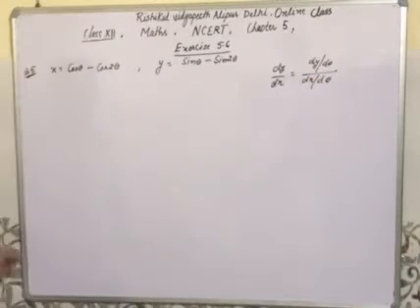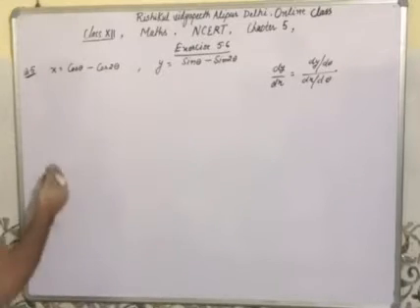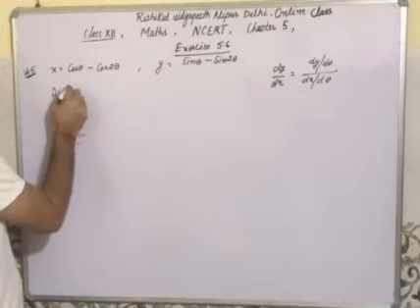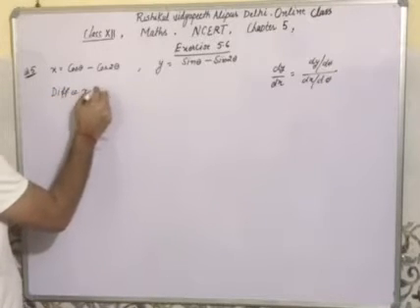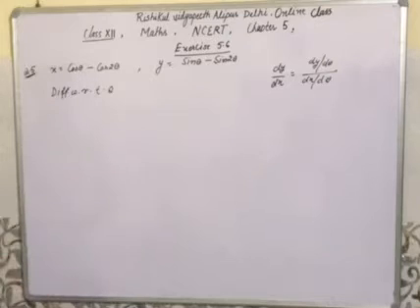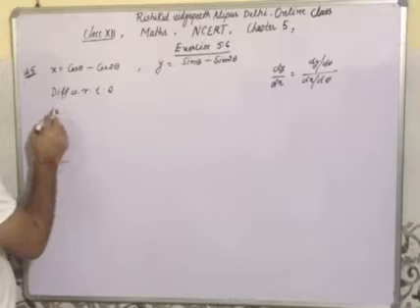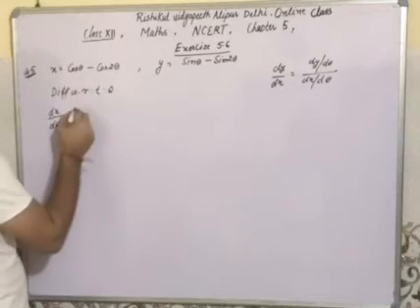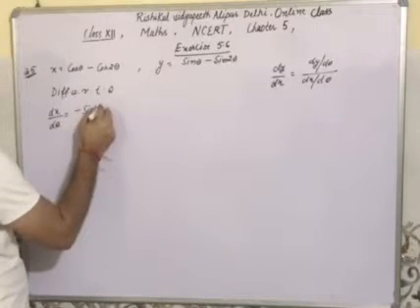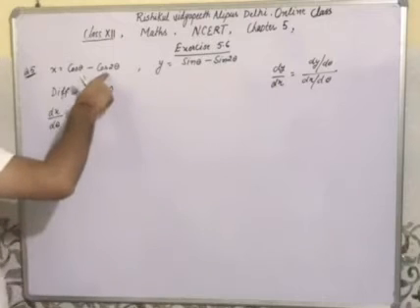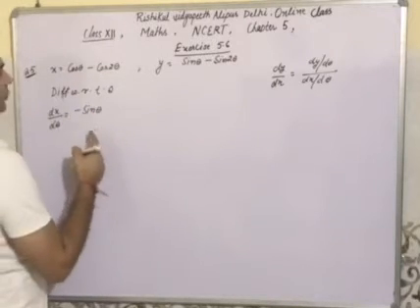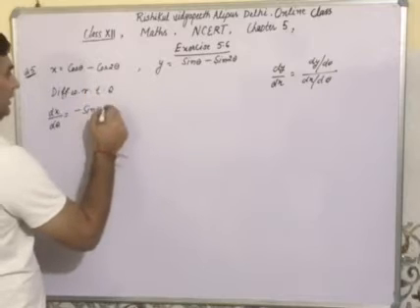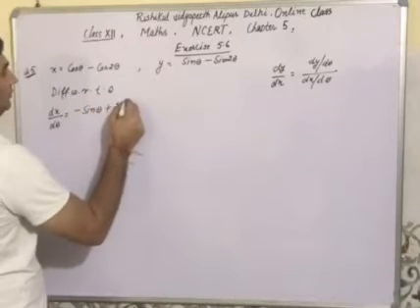First we find dy by d theta and dx by d theta, differentiating with respect to theta. Then dx upon d theta is equal to minus sin theta, and the derivative of cos 2 theta gives minus minus plus 2 sin 2 theta.